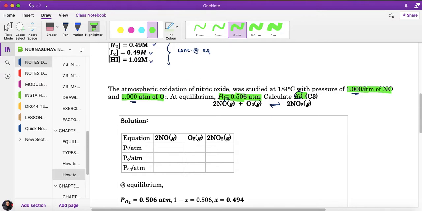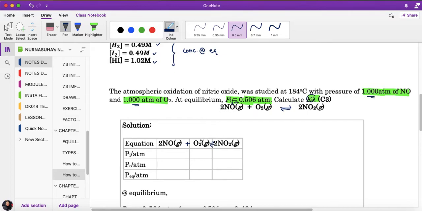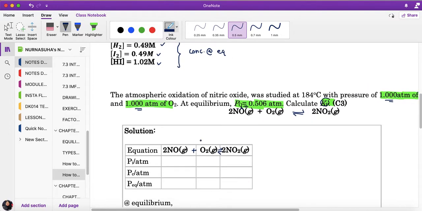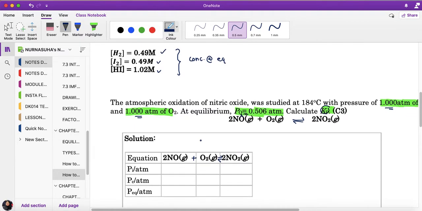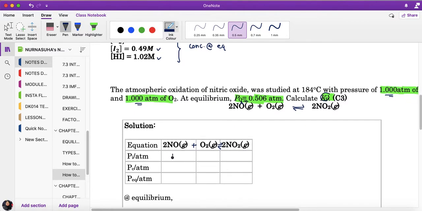So maksudnya yang ni nilai equilibrium. Yang sebelumnya adalah nilai at initial. So kita akan guna ice stable. Tapi ice stable kita dalam bentuk pressure, partial pressure. Okay, I need to correct here. Okay, now konsep sama macam tadi, tapi kita akan guna partial pressure. So concentration of NO at the beginning of reaction is 1 atm.